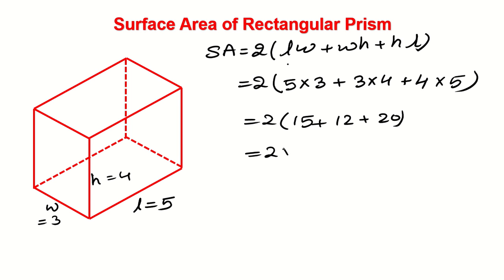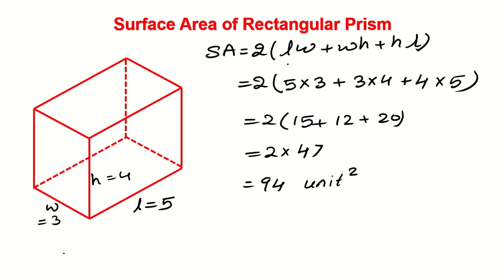So that is 2 times 15 plus 12, 27; 27 plus 20, 47. 47 multiplied by 2, 94 unit square. It can be centimeter, millimeter, anything. Okay, this is the question which can be done by the direct formula.